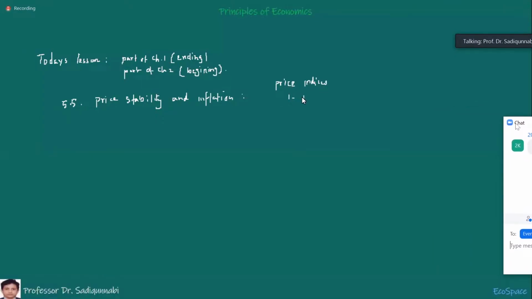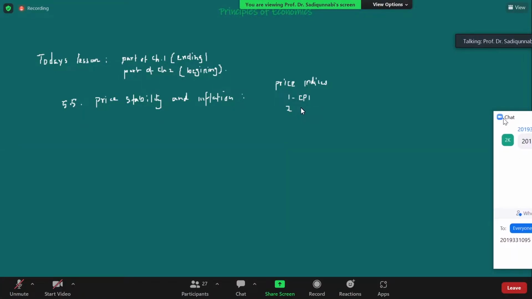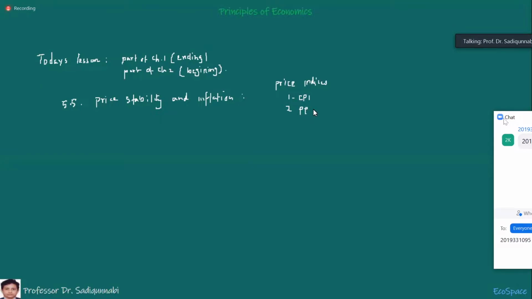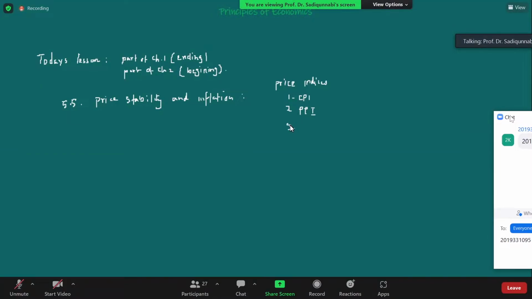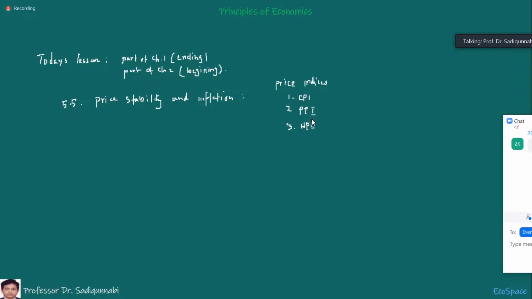Number one, CPI, Consumer Price Index. Number two, PPI. Number three is WPI, Wholesale Price Index. It is a kind of PPI type. Number four is Retail Price Index, maybe for retail sellers.